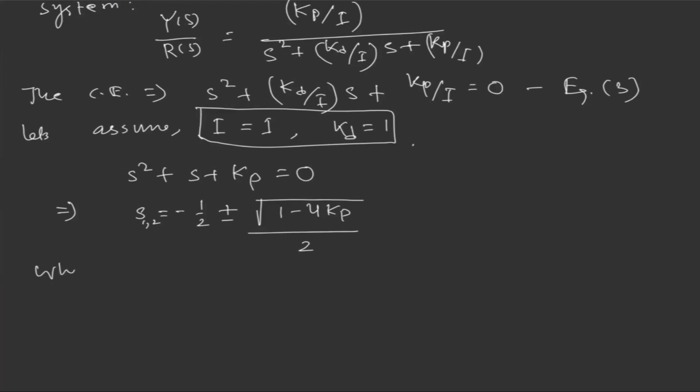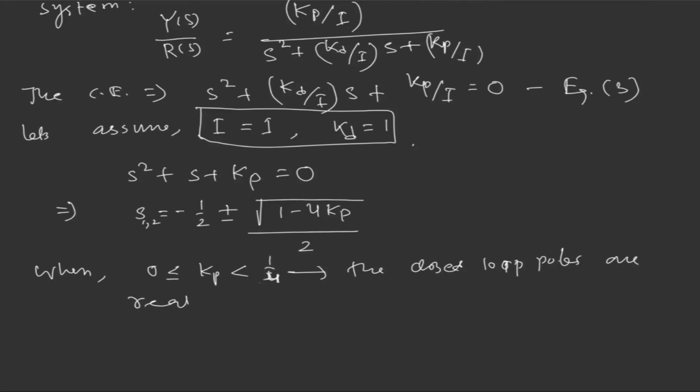When Kp varies from 0 to 1 by 4, we can write the closed loop poles are real and lie between -1 and 0.